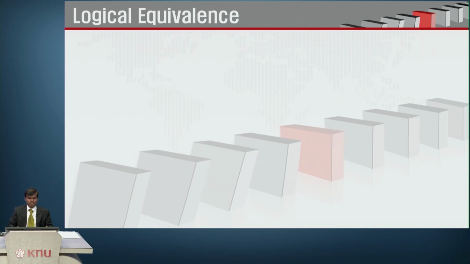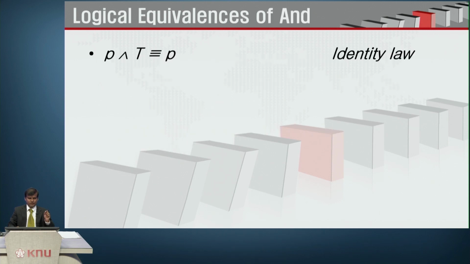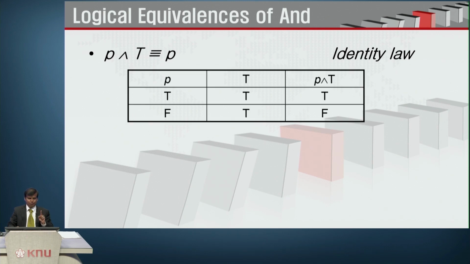Here it is. So P and T, where in fact the output follows the value of P, because we know that T is always true, so the output depends on the value of P.